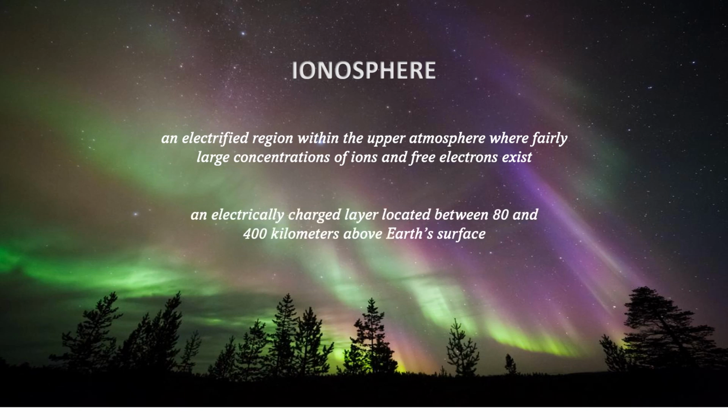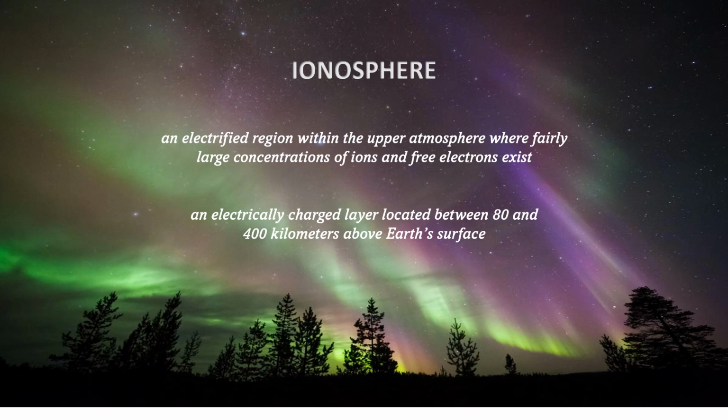And this is an electrically charged layer located between 80 and 400 kilometers above Earth's surface. Here, molecules of nitrogen and atoms of oxygen are readily ionized as they absorb high-energy shortwave solar radiation.